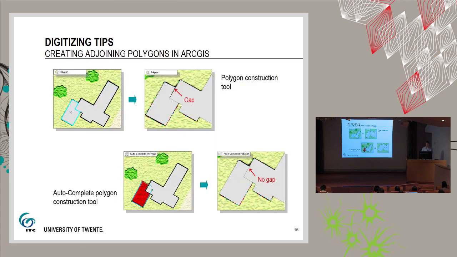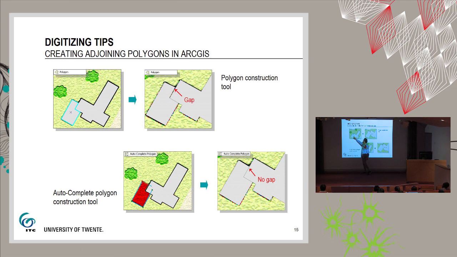Now there are some other tricks. If you have polygons, you can digitize them, of course, with the polygon construction tool. That's the tool which you normally use. But if the polygons are connected, here you see two buildings, and what do you notice? They have a common boundary, you see?